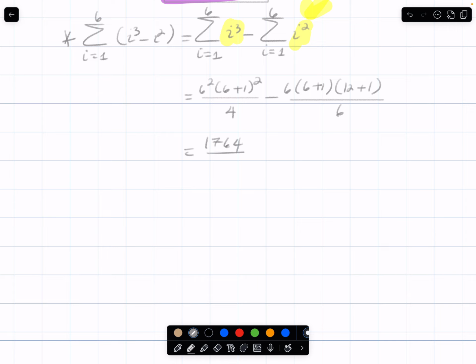Okay. Divided by 4 minus, there's the second one, 6 times 7, times 13.